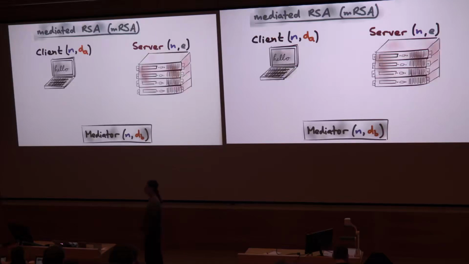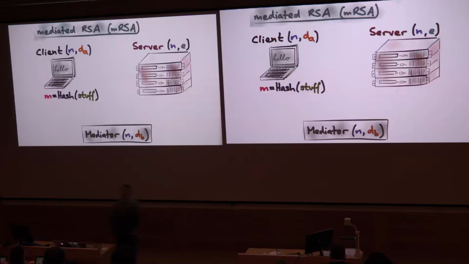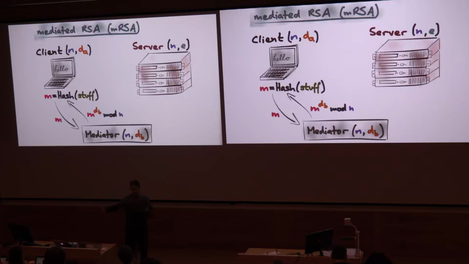And the way the protocol works is like this now. So say there's, again, some stuff that you want to sign. The client can first calculate the hash of that and do the padding, and it gets a number M. And it's now going to send that number M to the mediator, and the mediator is going to perform its part of the exponentiation using its DB. So it doesn't need to give out the DB to anyone else.